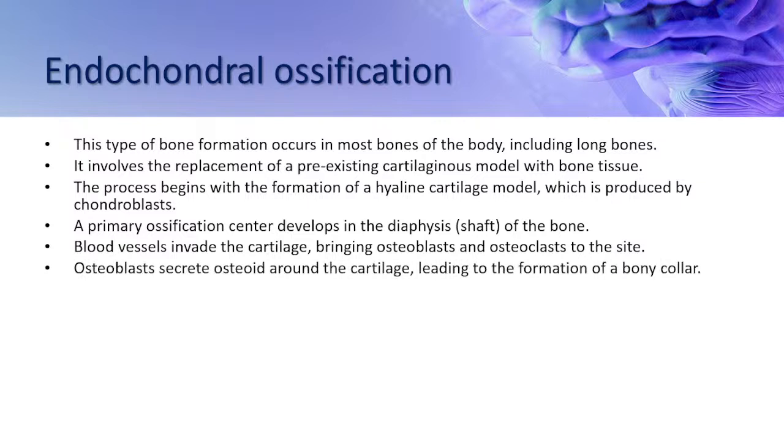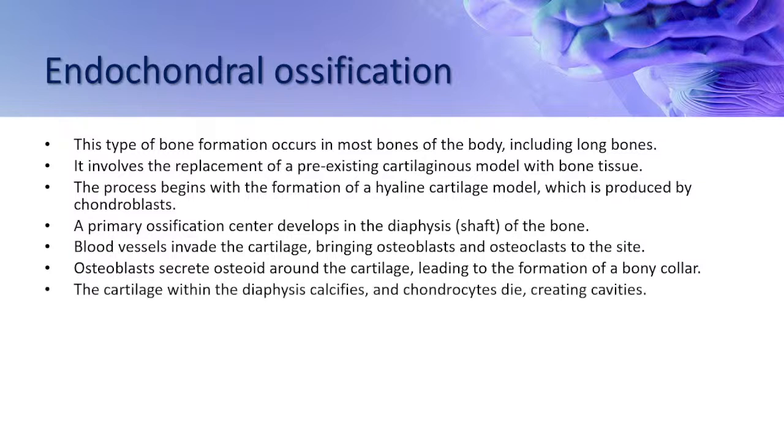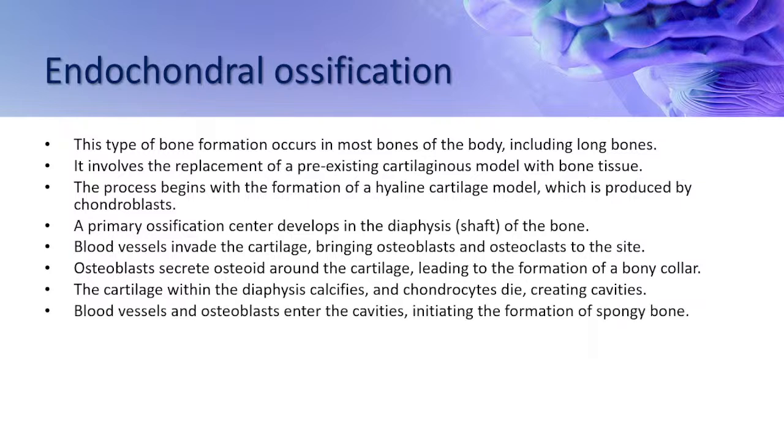Osteoblasts secrete osteoid around the cartilage, leading to the formation of a bony collar. The cartilage within the diaphysis calcifies and chondrocytes die, creating cavities. Hence, the blood vessels and osteoblasts enter the cavities, initiating the formation of spongy bone.